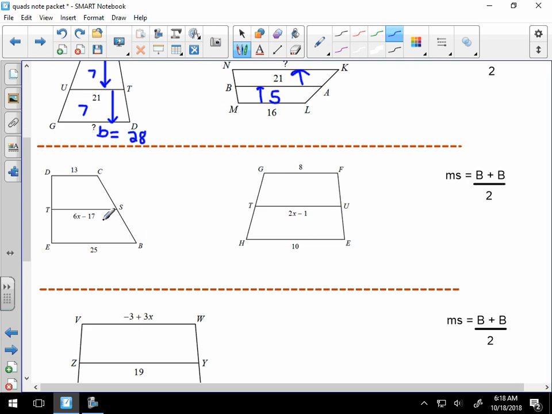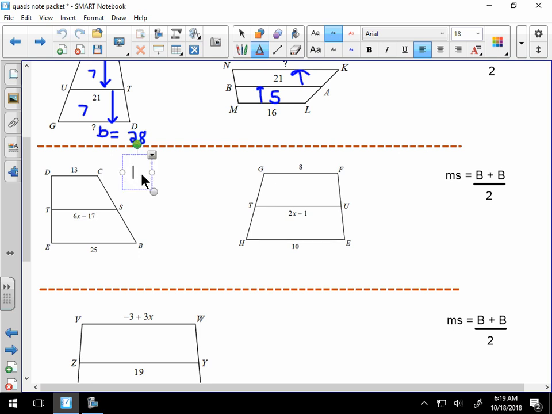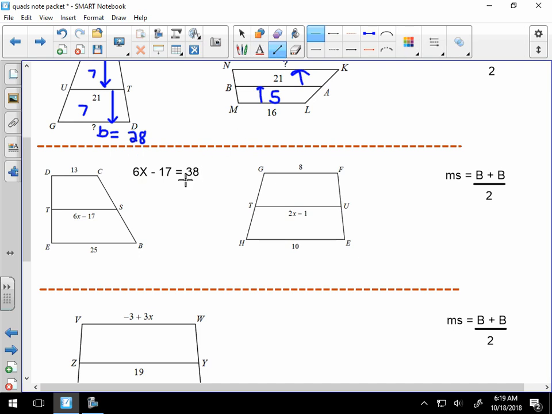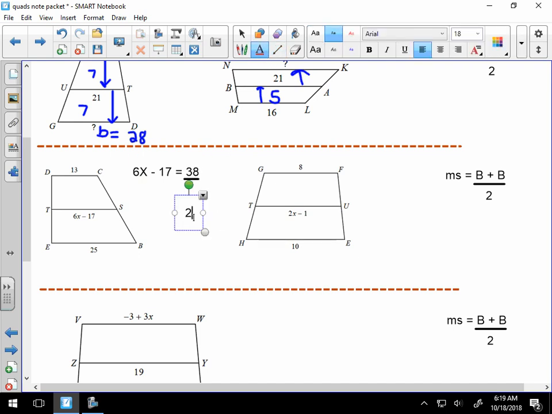Alright, so here's an equation. So how am I going to set this up with my mid-segment at 6x minus 17? So I'm going to put that 6x minus 17 equals the two bases added together. 13 plus 25, I'm going to go ahead and say it's 38, okay? I just added them. Alright, so I'm going to put my fraction bar in here, and I'm going to put my 2 underneath it.